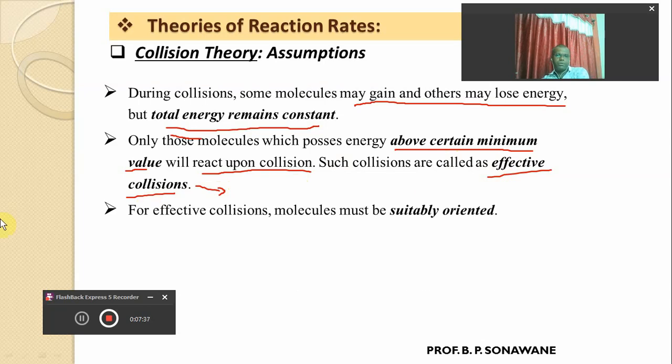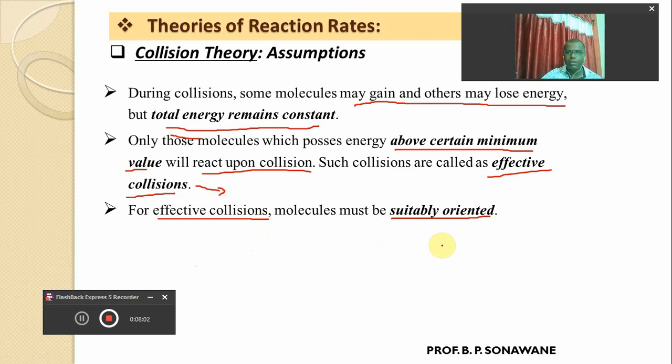And for effective collisions, the molecule must have suitable or proper orientation. It's very important. If the molecule has to react on collision, it must have energy above a certain minimum value, and for that the molecule must be suitably oriented during the collision.